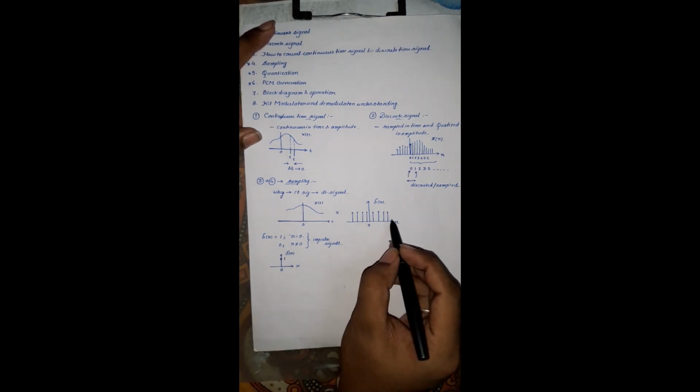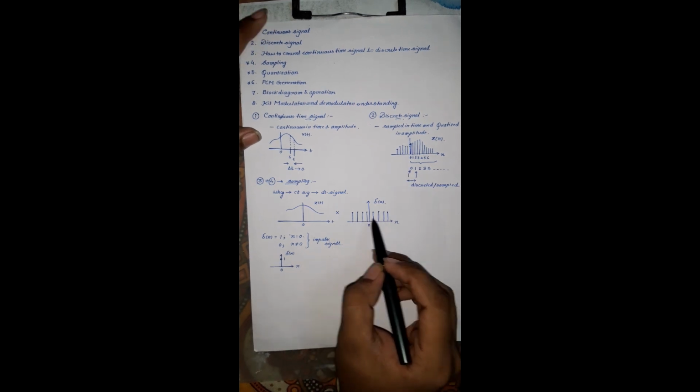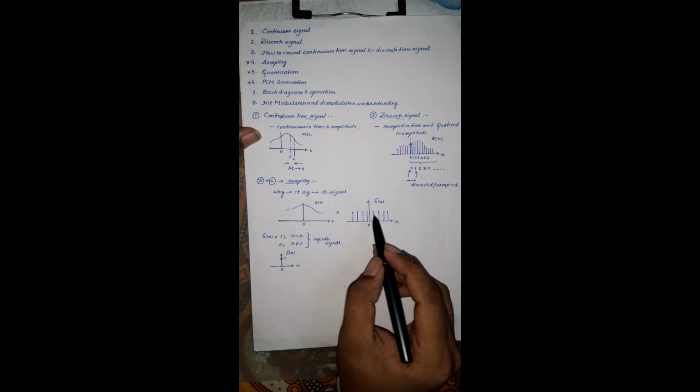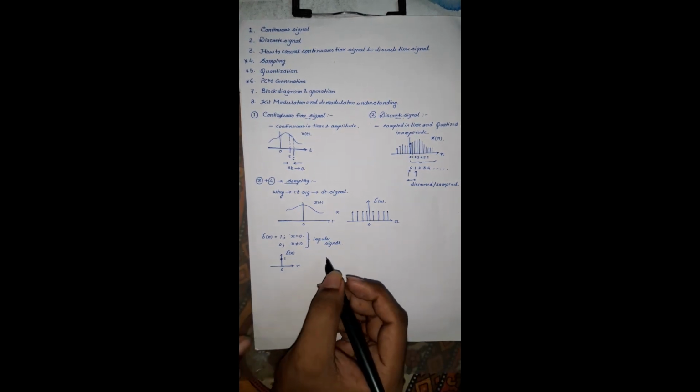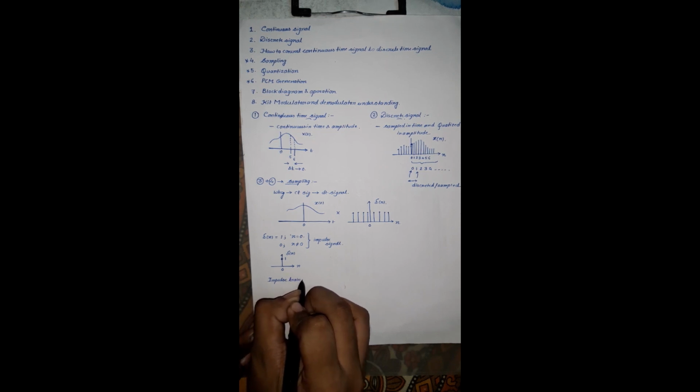Now we are talking about a single impulse, but you can see that there is not a single impulse, there are multiple impulses. Now how to write this impulse train? Listen carefully.